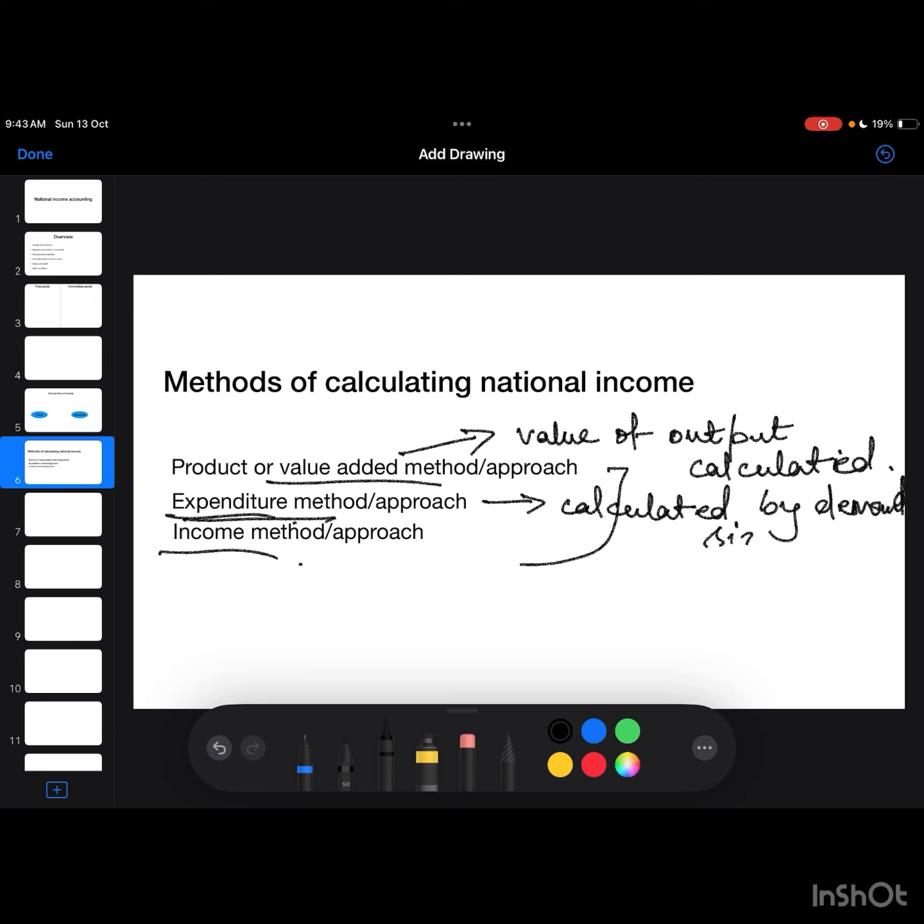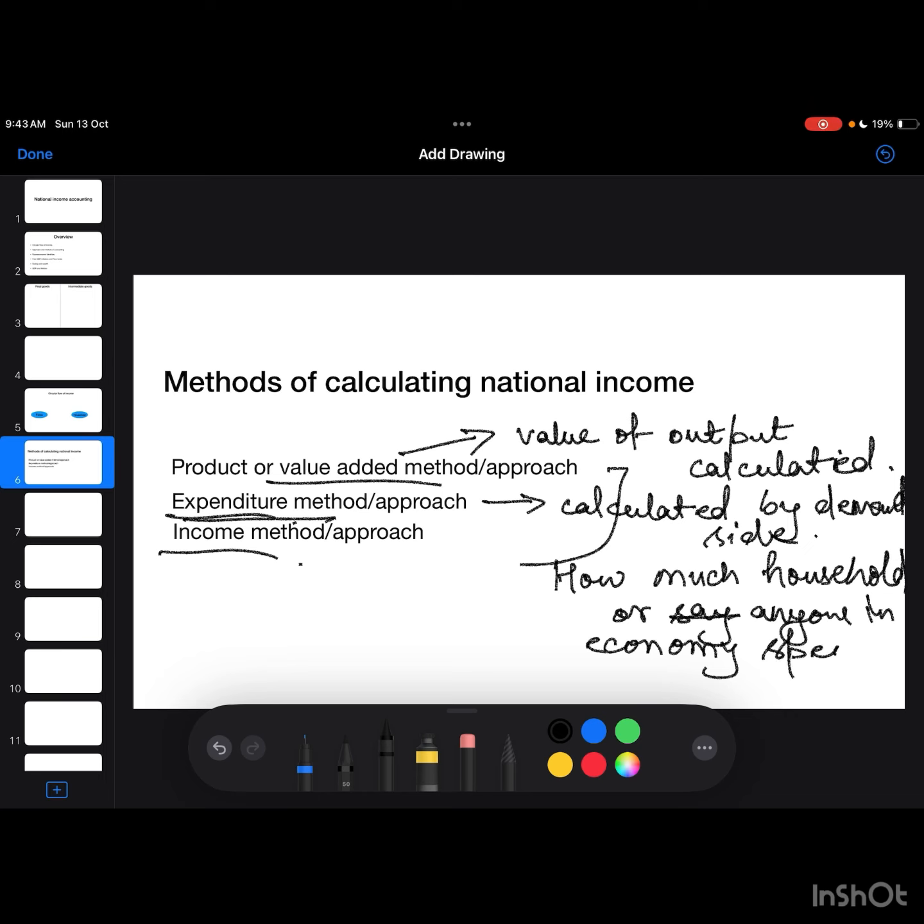Demand side, how much households or say government, or anyone in the economy, are spending on goods.